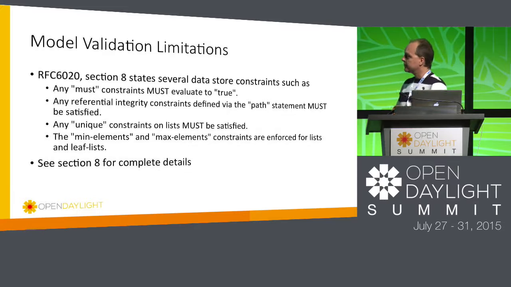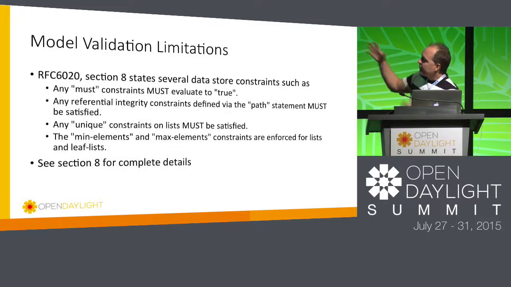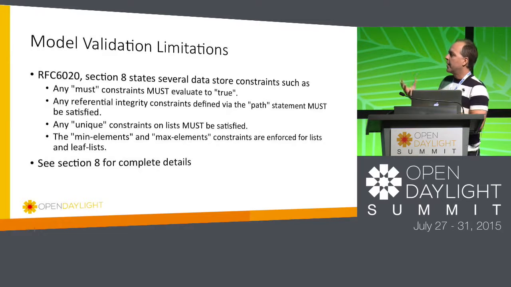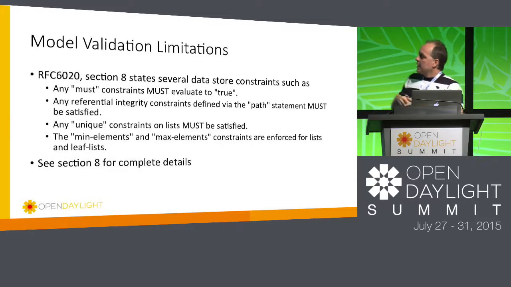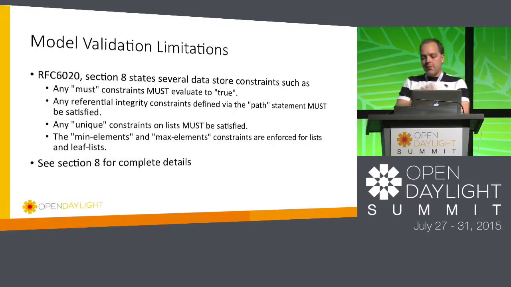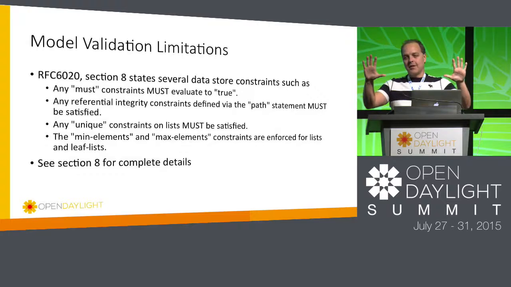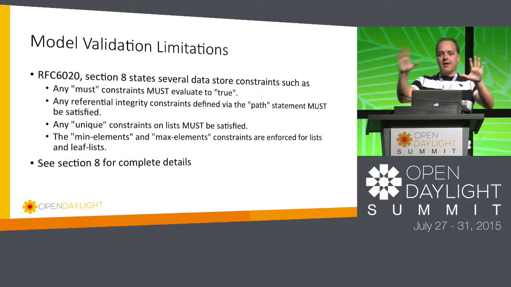So the RFC 6020 has all these constraints that the Yang model and the backend need to provide, right? So if you have two Yang models and one is tied to the other, let me give you a simple example, right? You have a Yang model of a car, you have a Yang model of a factory, and the factory points to the car, right?